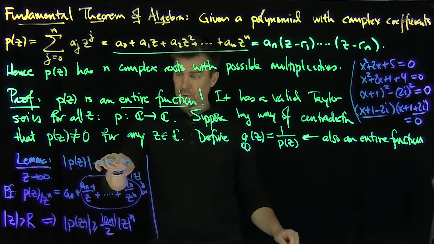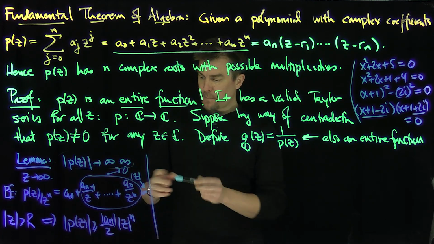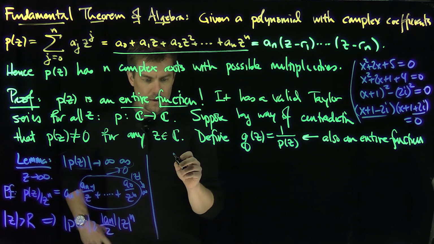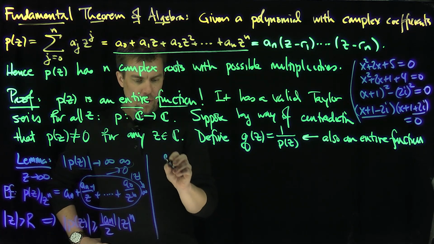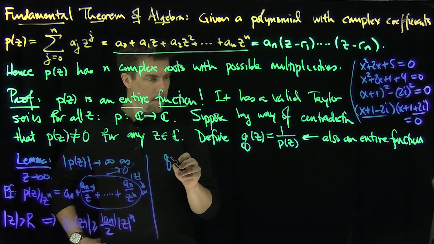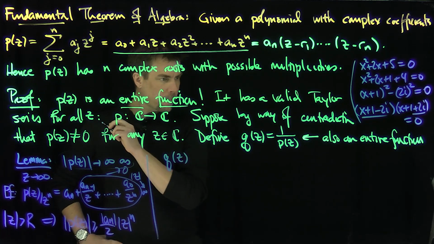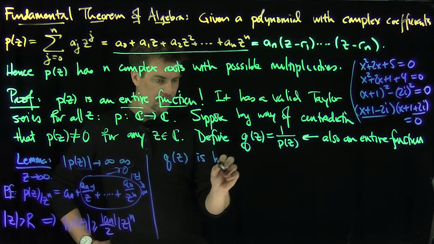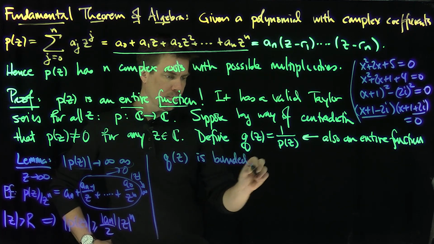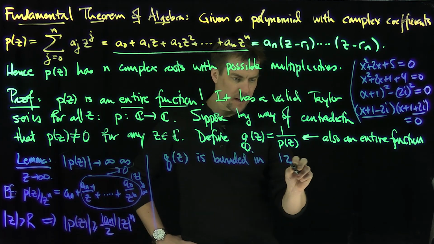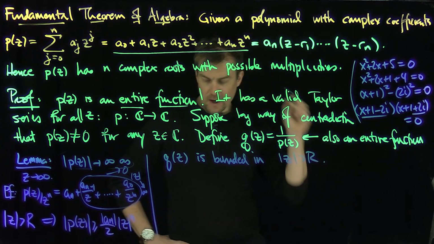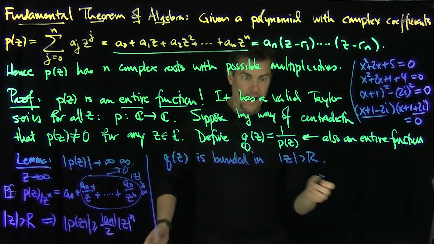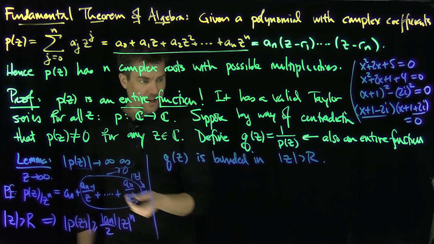Therefore, if P of z is going to infinity as z goes to infinity, that means past R, Q of z is bounded in the region modulus of z bigger than R, okay? By virtue of the fact that P of z is tending to infinity, right?